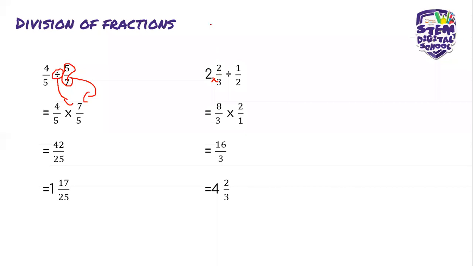Are there any questions in relation to division? If we understand, we can put, I understand, in the chat.